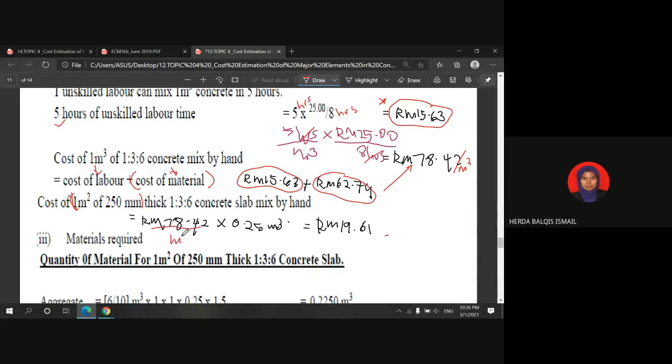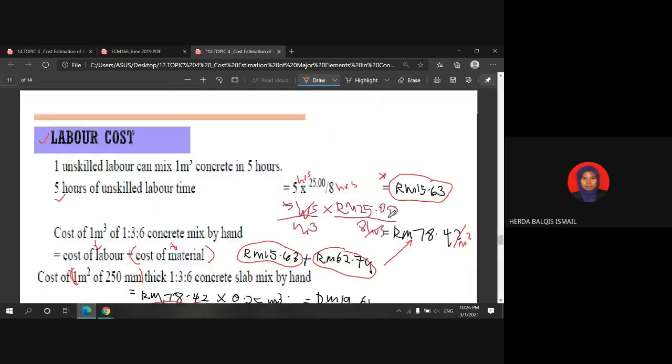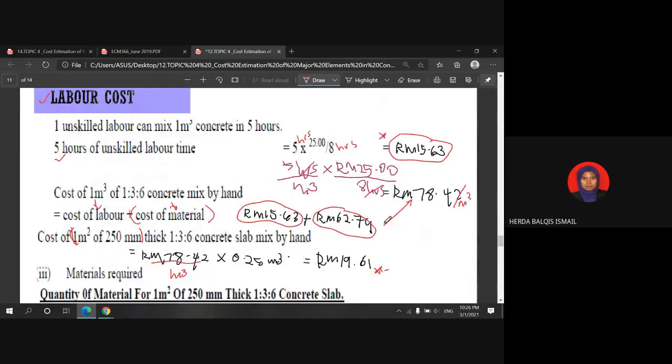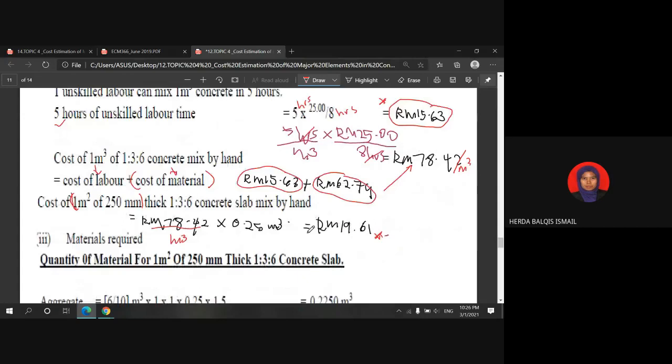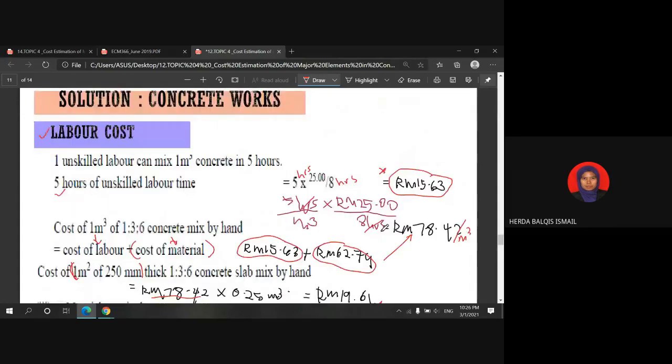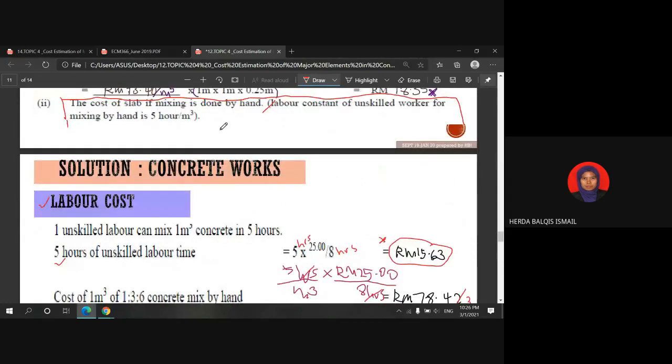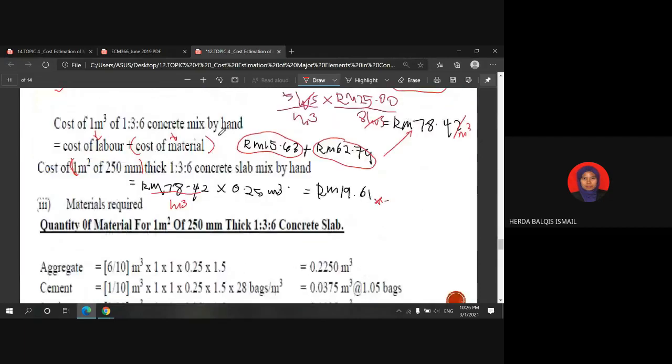You will get the cost of the concrete slab as 19 ringgit 61 cent. By having this value, we have answered question number 2. So moving to the next question.